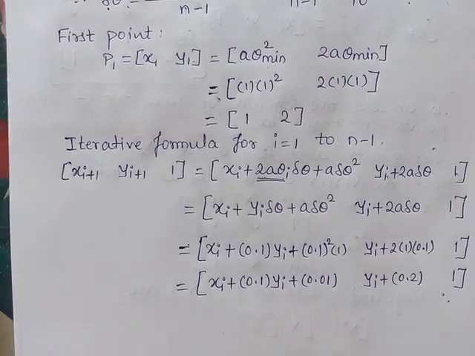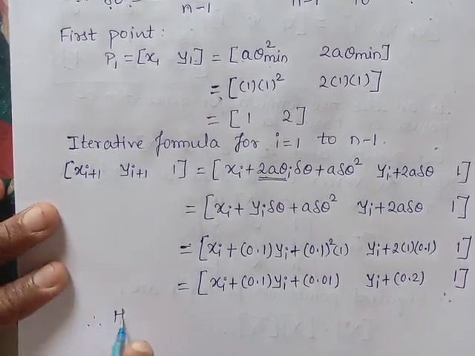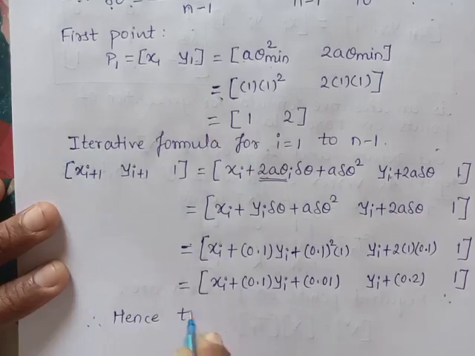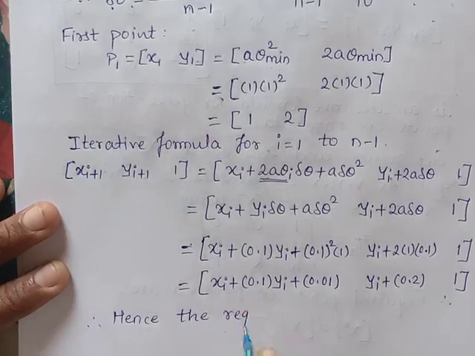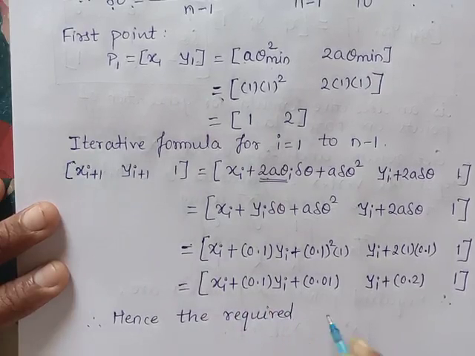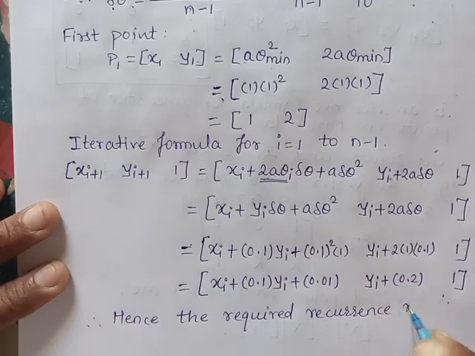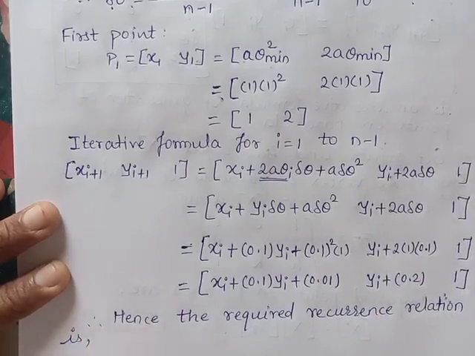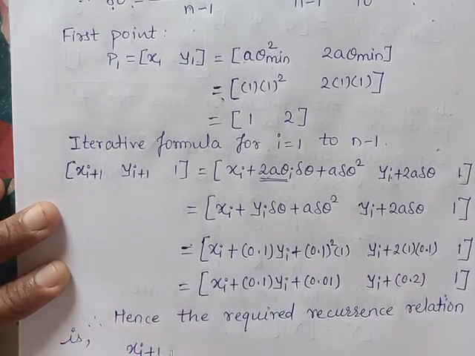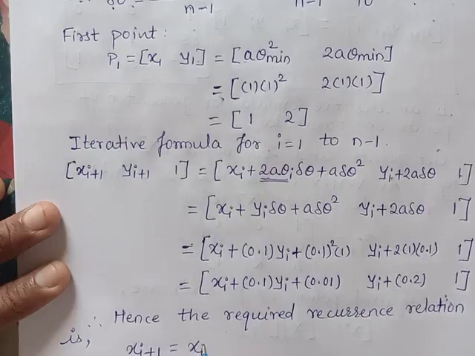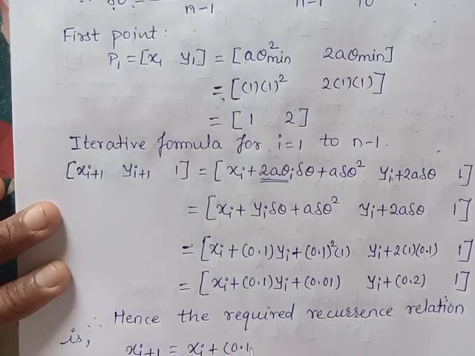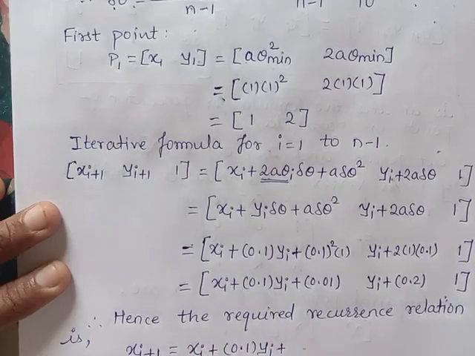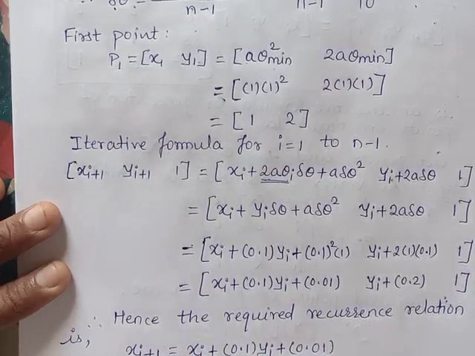Okay, therefore we have a recurrence relation. Hence the required recurrence relation is x i plus 1 equal to x i plus 0.1 y i plus 0.01, right?